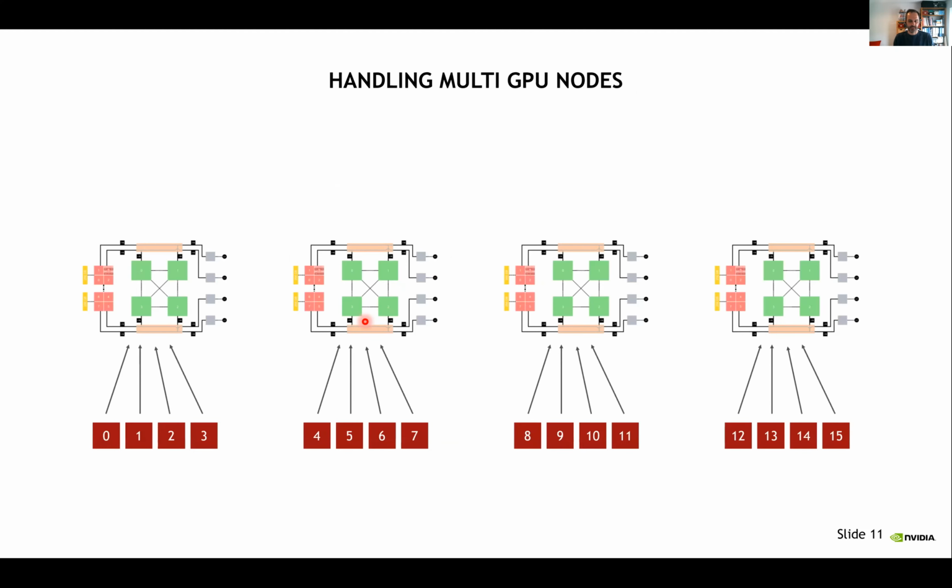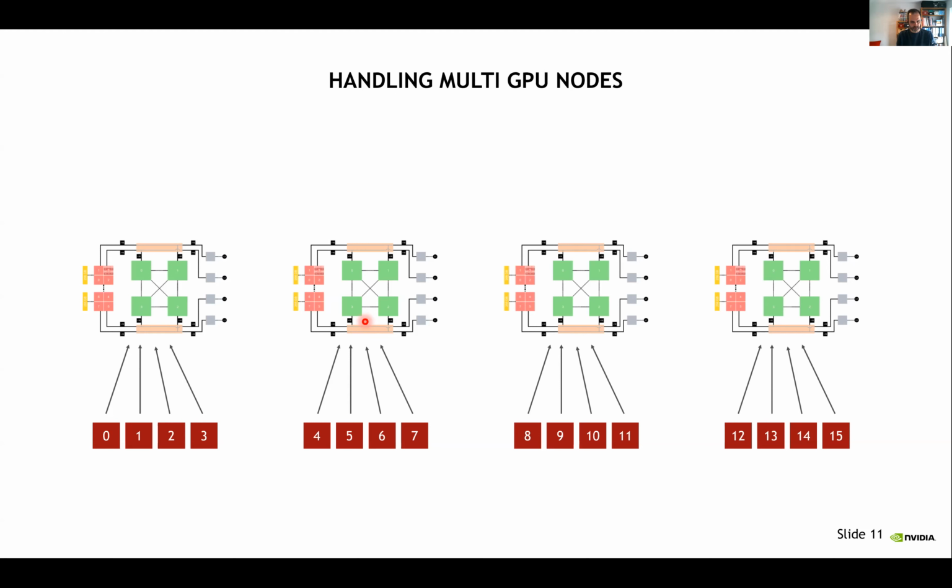Another aspect to consider is that usually GPU affinity is handled by the application and not by the launcher. So consider, for example, a system with 4 nodes, where each node has 4 GPUs, and you launch 1 MPI rank per GPU, as is most of the time the best thing to do.